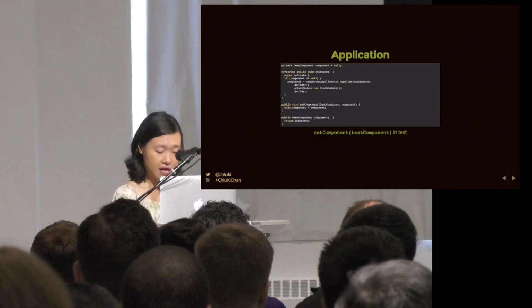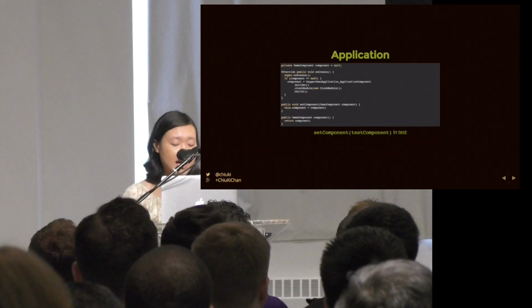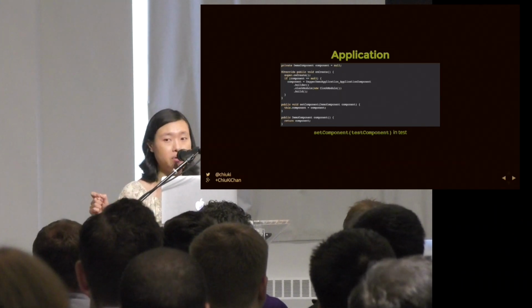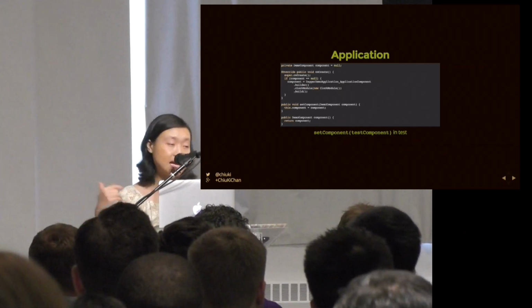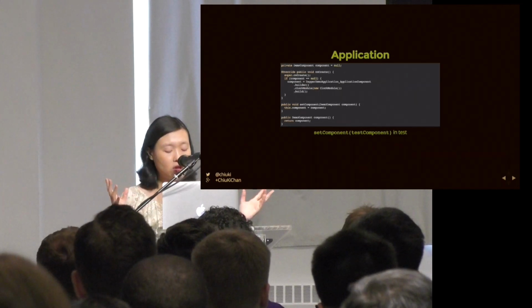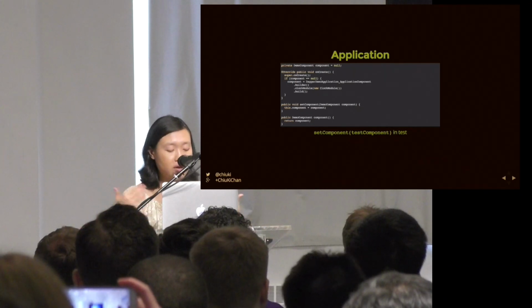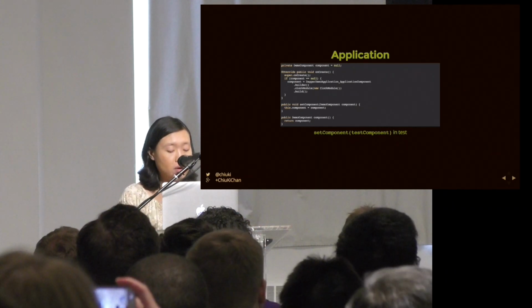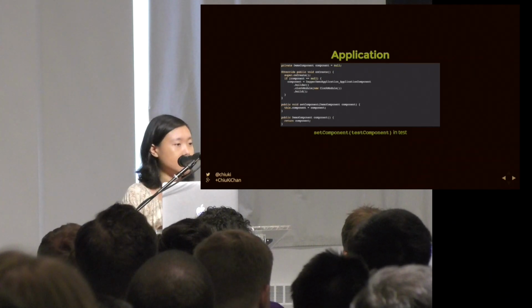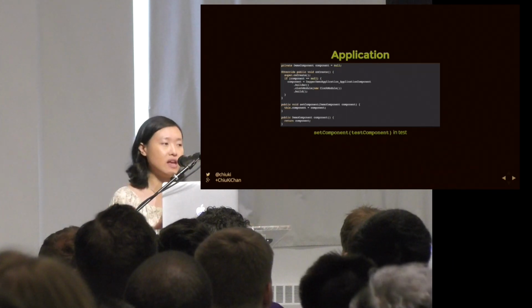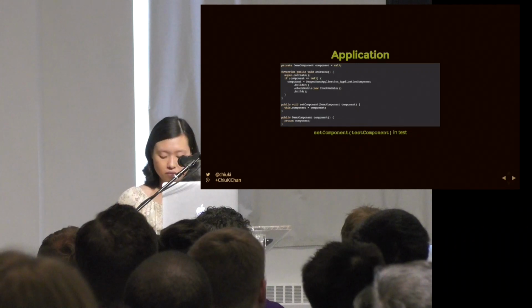So in the application, we are going to have a private component, and we are going to stash it when someone calls set component. But if no component has been set, we are going to create a demo component, which is going to provide the current time as of now, rather than a canned time.